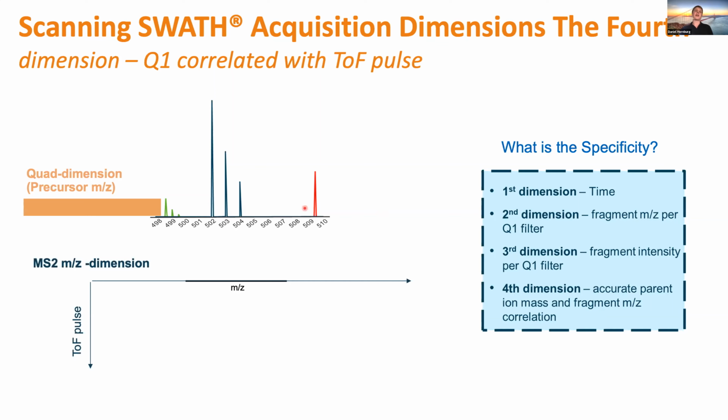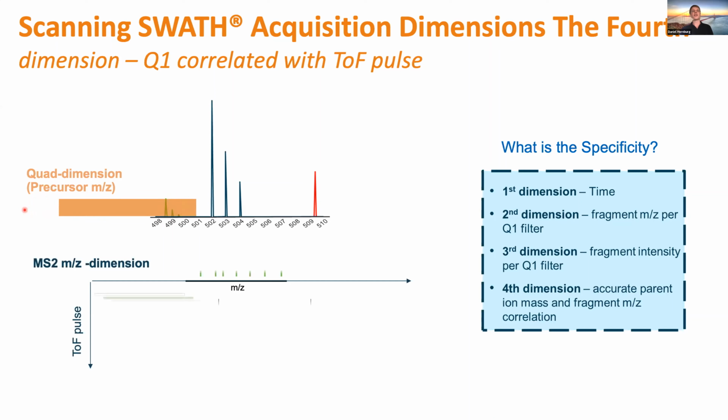And how is that done? Well, we will see in a few seconds how we move this quad dimension, this isolation window, across these different precursors. Just keep in mind and look at what happens in the spectra that will be shown down here as soon as the precursor enters the quad window and as soon as it leaves the quad window.